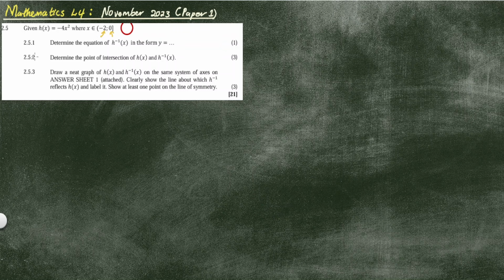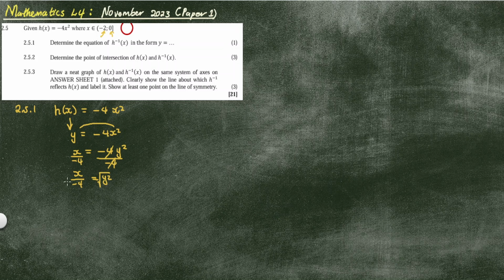So for 2.5.1, determining the equation for the inverse. Let's find the equation for the inverse. So this is h of x, minus 4x squared, converting this to a y, swapping our variables. We're going to have x equal to minus 4y squared. Dividing both sides by minus 4, we now have x over minus 4 equal to y squared.